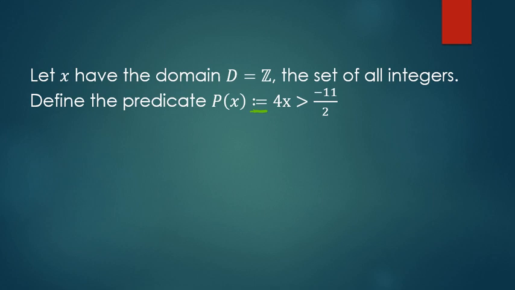And we said from our previous video that a predicate is a sentence with finitely many variables and is only a statement once you assign a value to the variable or variables inside of your predicate. Right now, as it sits, 4x is greater than negative 11 halves.